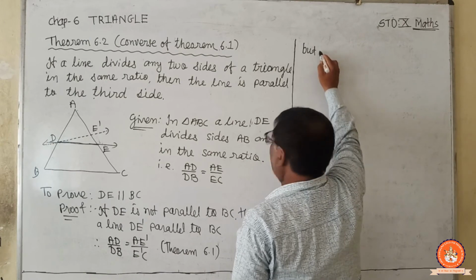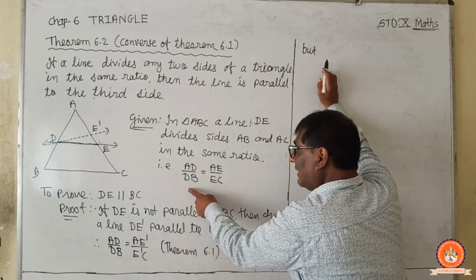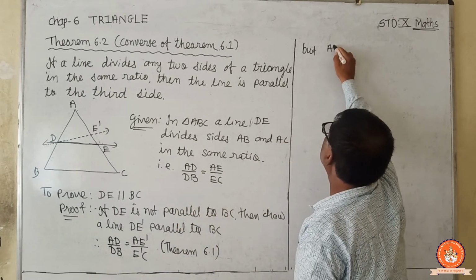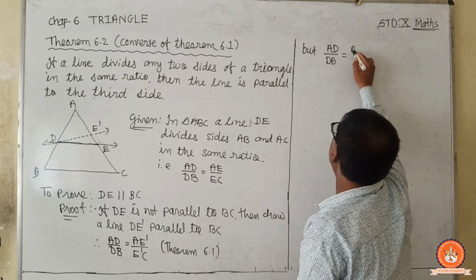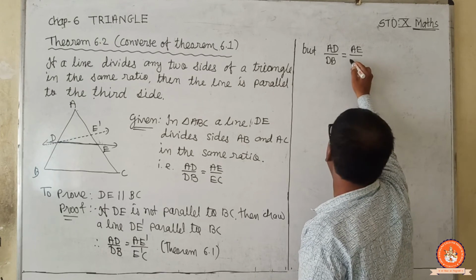But it is given here that AD upon DB is equal to AE upon EC.